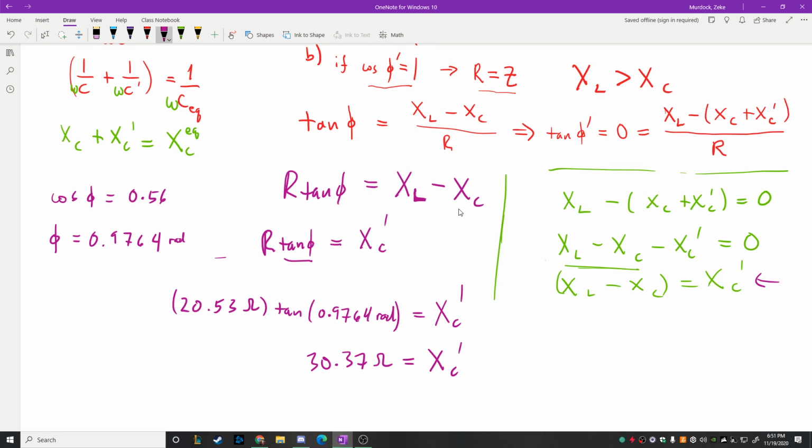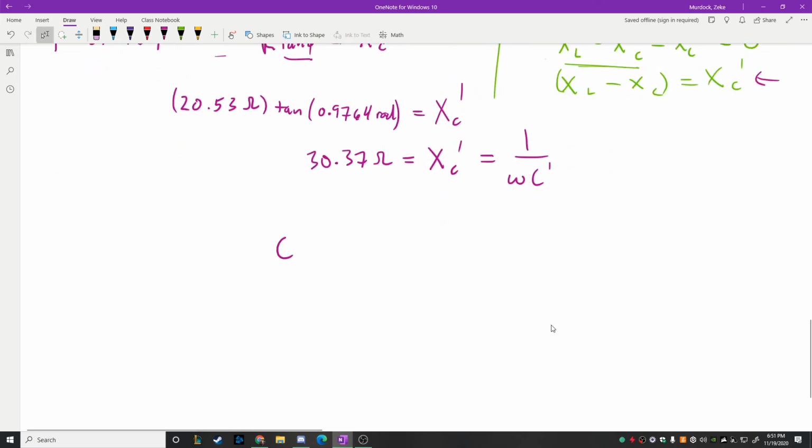All right. And then this is equal to 1 over omega C prime. So continuing through, we get that C prime is going to be equal to 1 divided by omega times 30.37. And in the problem, omega was 2 pi times 50.